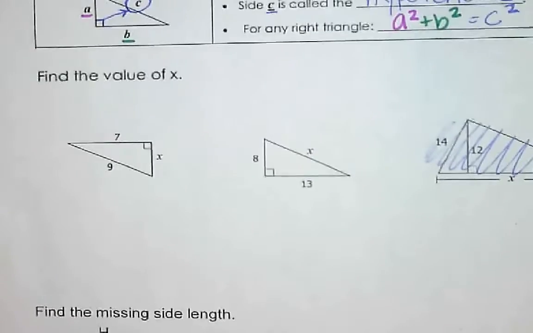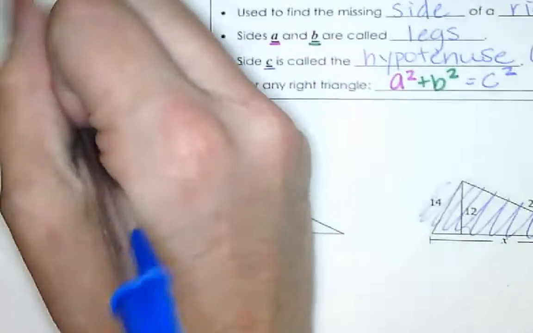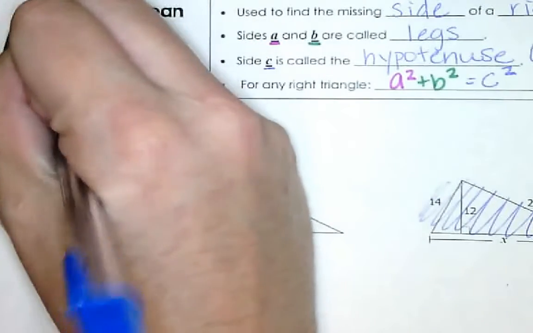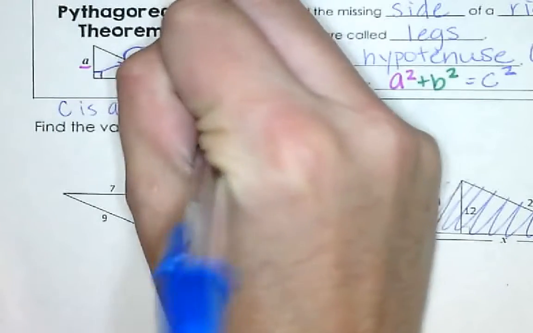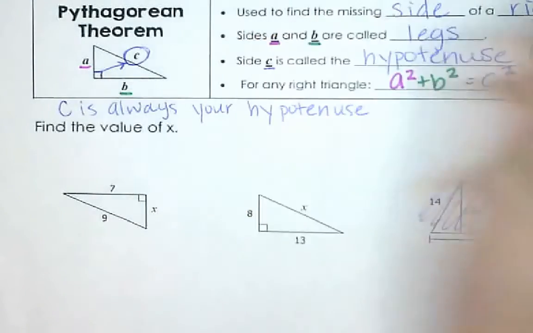So we are going to use our lovely Pythagorean Theorem. And as I also wanted to let y'all know here, C is always your hypotenuse. I think that's where people get tripped up the most.